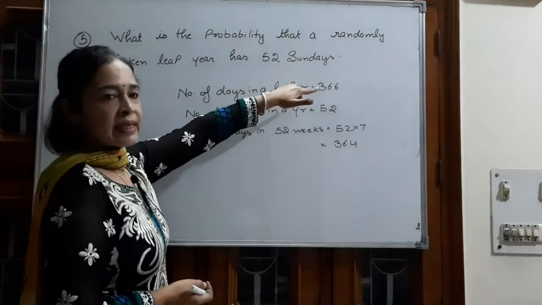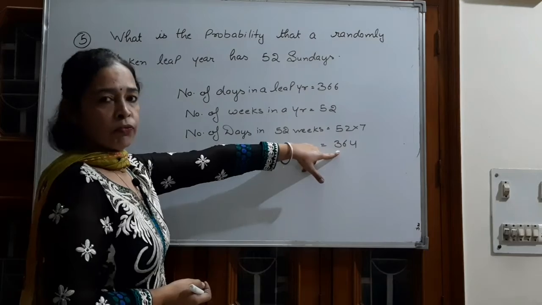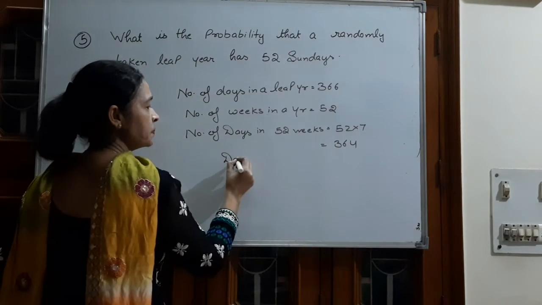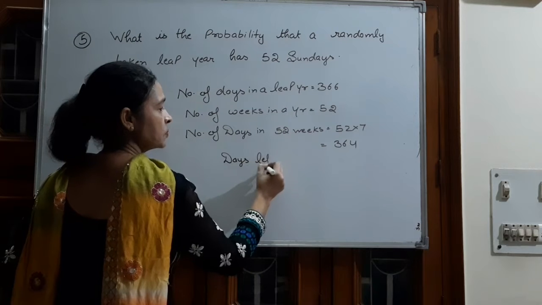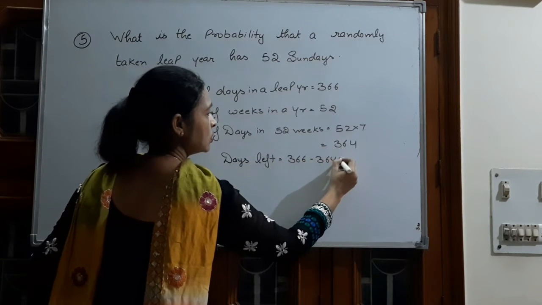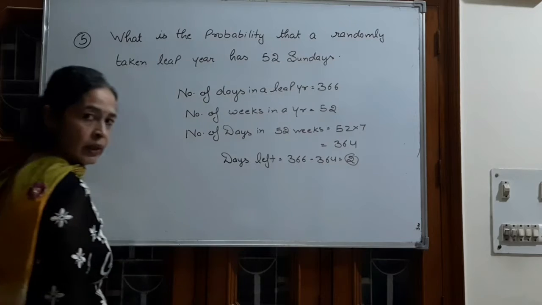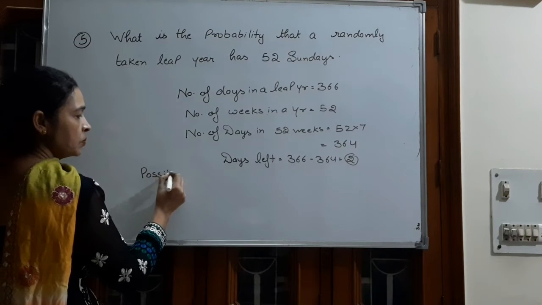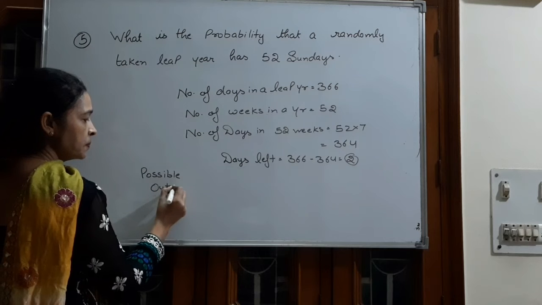We have 366 days in a leap year, 364 days in 52 weeks. Days left: 366 minus 364, 2 days are left. Now, what can be possible outcomes for these 2 days?